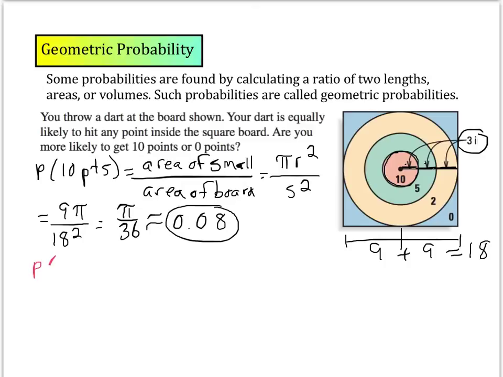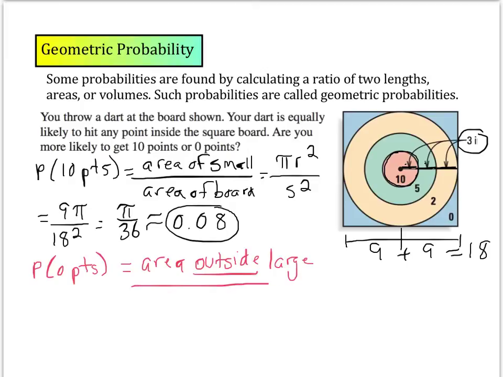Now we think about the probability of getting 0 points, or hitting this blue area. So to do this, we have to find the area outside the large circle and divide that by the area of the board.